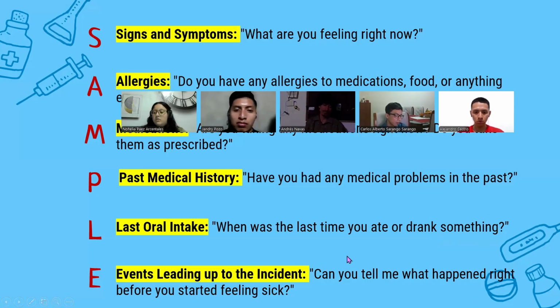Or can you tell me what happened before you had this incident? Maybe the patient was walking to the bathroom and tripped and fell, and now they have this problem. So all of these are very common, and this is the easiest way to remember all of these questions you have to ask a patient.